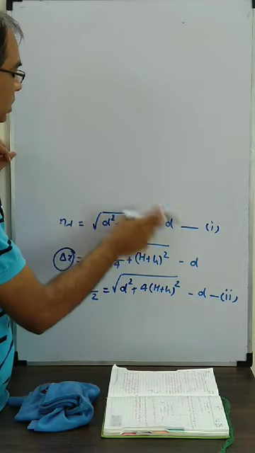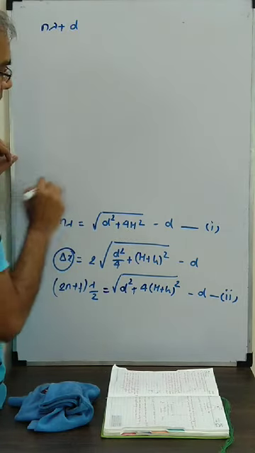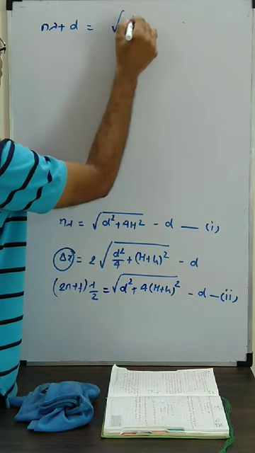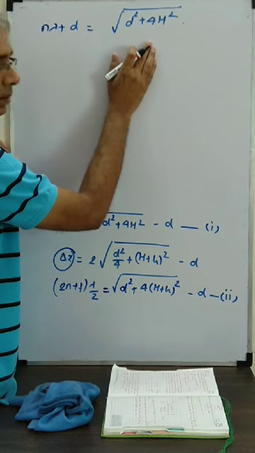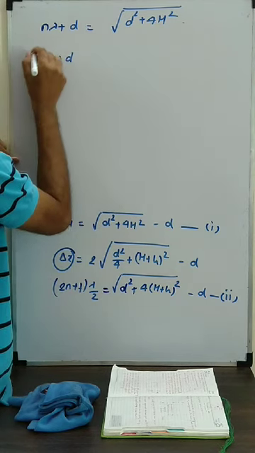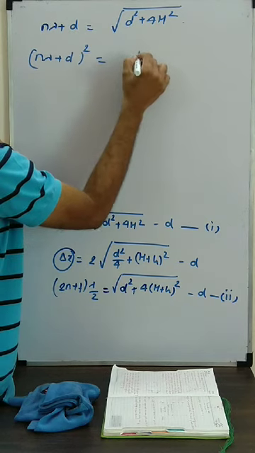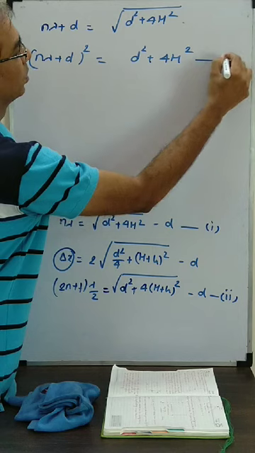This d you can bring to that side. It's n lambda plus d equal to root over d square plus 4h square. You can square that. (n lambda plus d) whole square equal to d square plus 4h square. Okay, that's equation number 3.